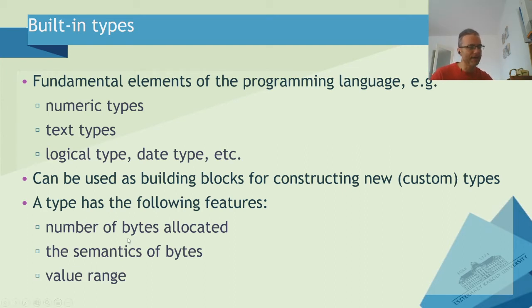This means how many bytes it allocates. But that's not enough. This is only one feature. You should also know how to interpret those bytes, what the semantics of your bytes is. And consequently, you should know what the value range for your data is.